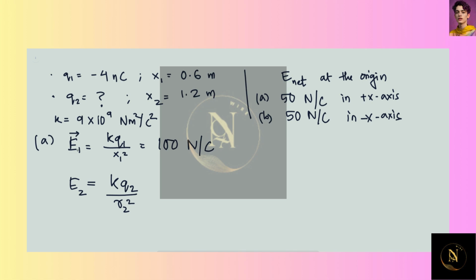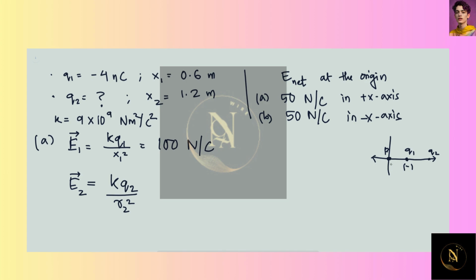So let's mark the vectors so that we can include the direction. Let me draw the axis so it will be easier to understand. Here is the point where we are finding the electric field, Q1 is somewhere around here, Q2 is somewhere around here, and Q1 is negative.